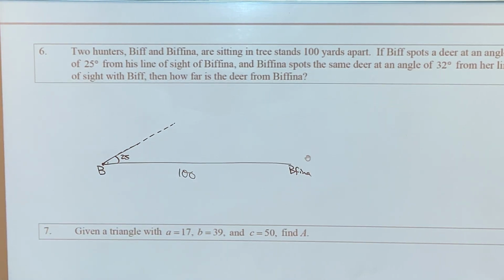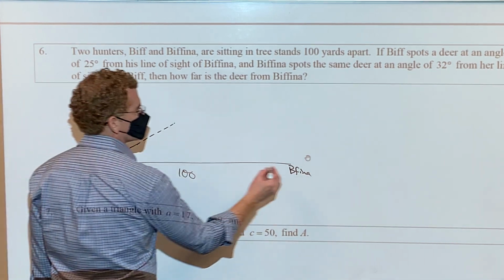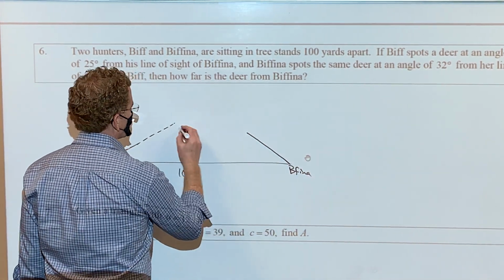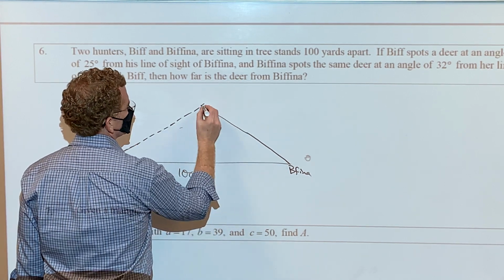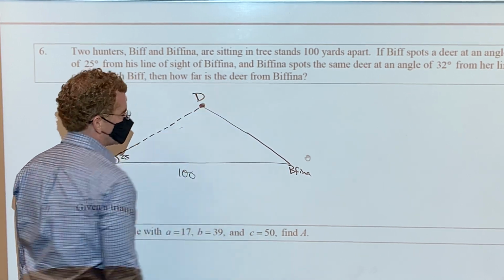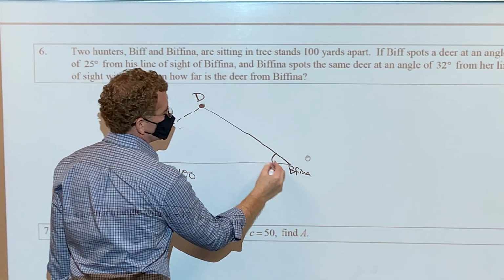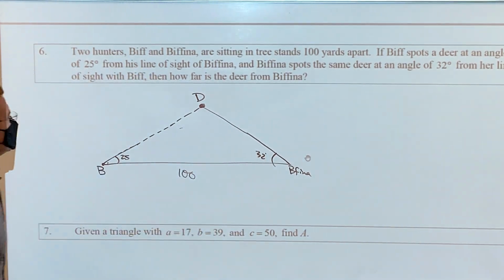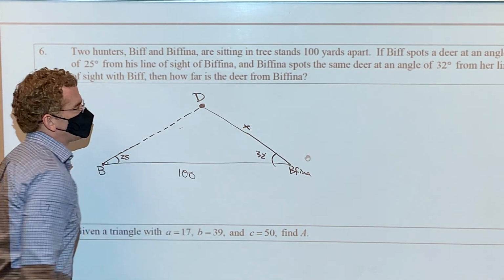And it says Buffina spots the same deer at an angle of 32 degrees. So her angle's a little bigger. So I guess the deer must be somewhere right there. But her angle was 32 degrees. And it says, how far is the deer from Buffina? So you would be looking for that distance.